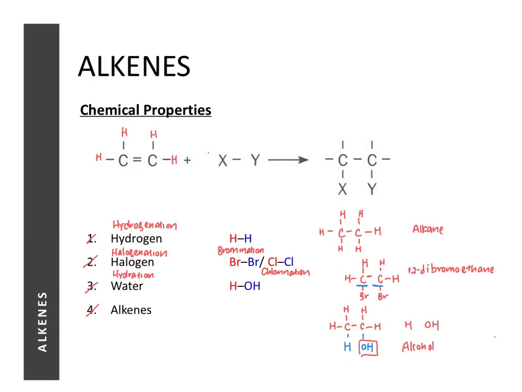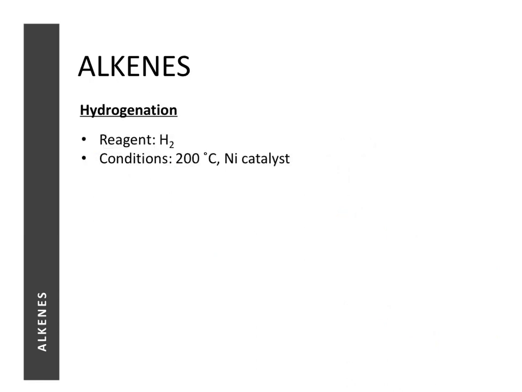What is going to happen next is that we're going to look at each reaction in greater detail. Greater detail meaning the reagent conditions and the exact products that we're going to get. We're going to recap for that. The first reaction that we look at is hydrogenation, meaning the adding of hydrogen. The conditions you need to remember are 200 degrees Celsius and a nickel catalyst.